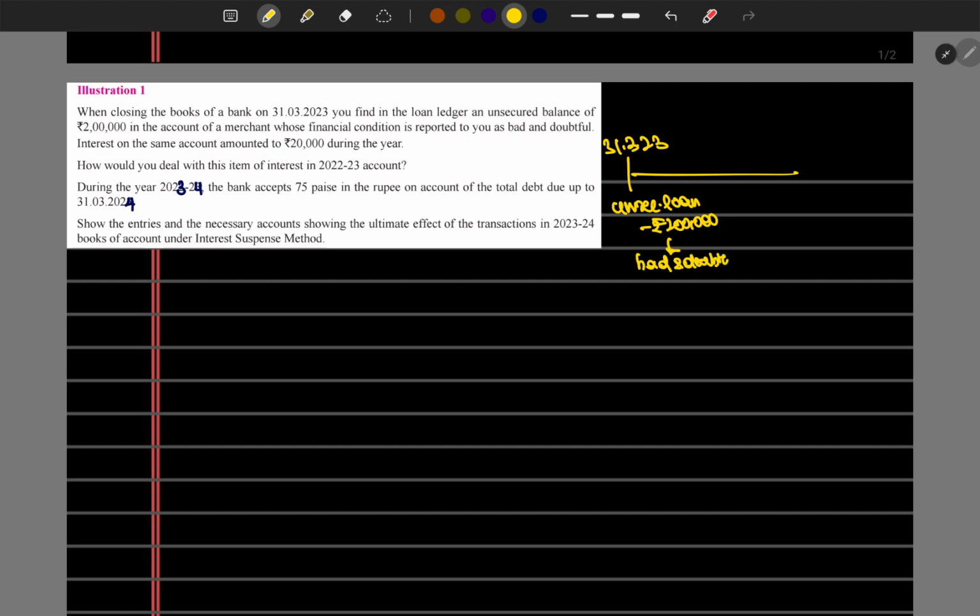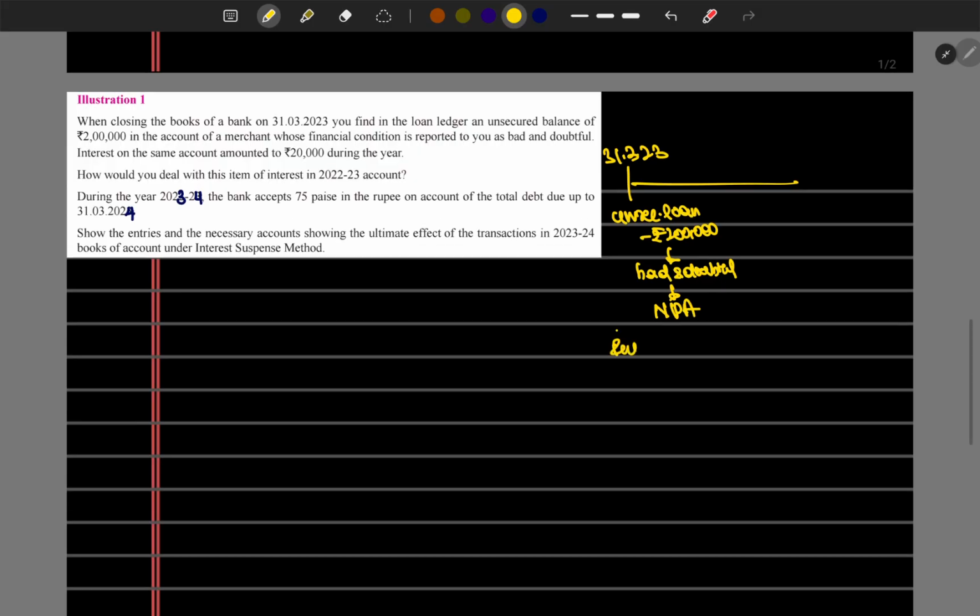What this actually denotes is that this is a non-performing asset from the bank's perspective, and the interest to be paid by the merchant is rupees 20,000 for the year. On 31st March, how would you deal with it?